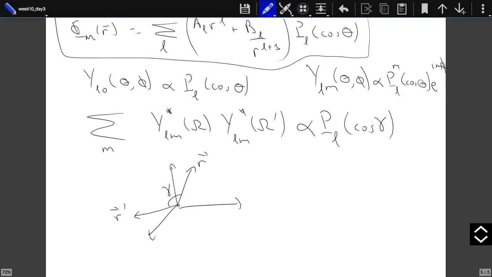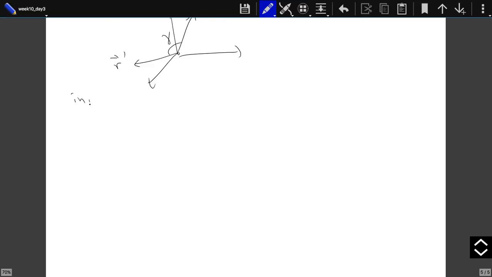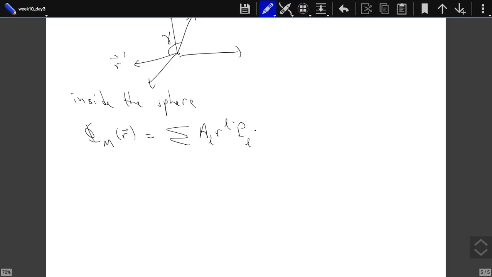So inside the sphere, phi_m(r) should have this form: A_L r^L P_L of cosine theta. This is inside.